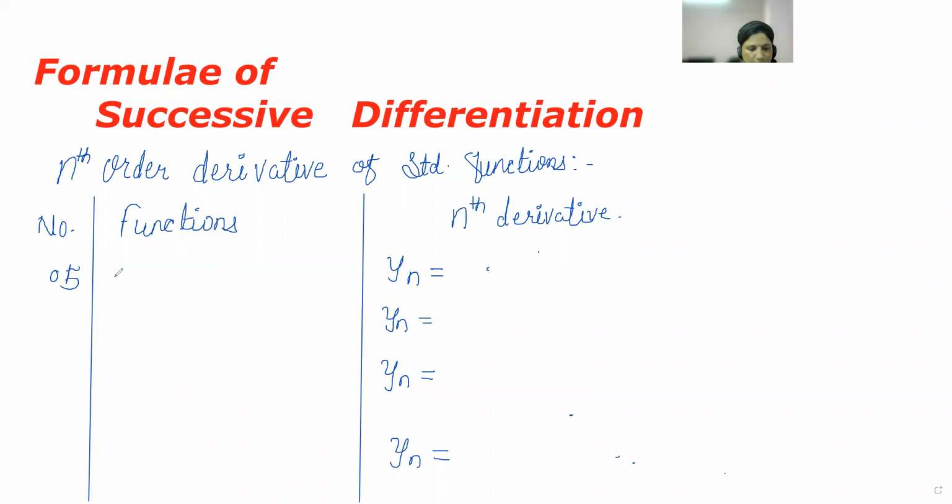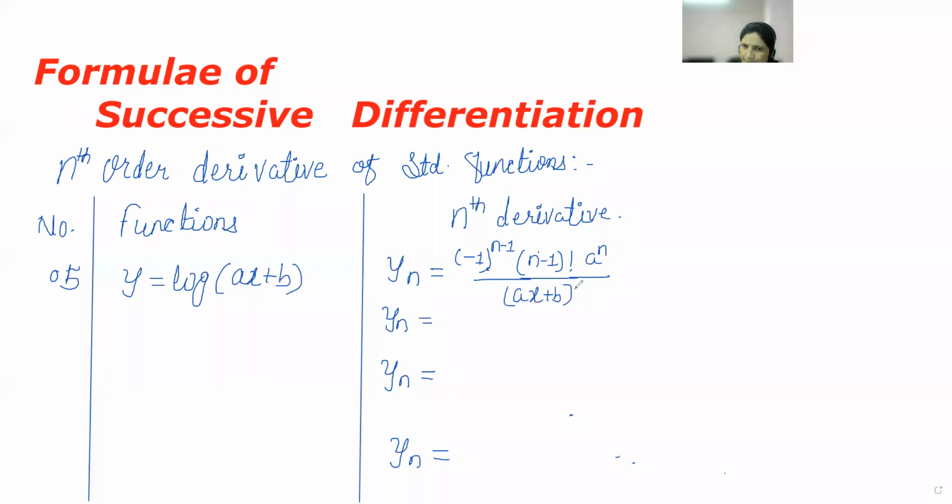If y equals log of (ax plus b), then its nth order derivative yn is equal to minus 1 raised to n minus 1, into (n minus 1) factorial, into a raised to n, divided by (ax plus b) raised to n. Correct. The next one.